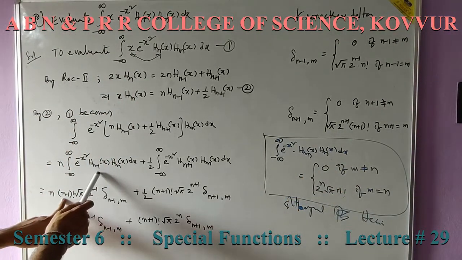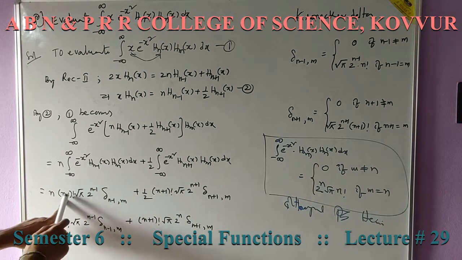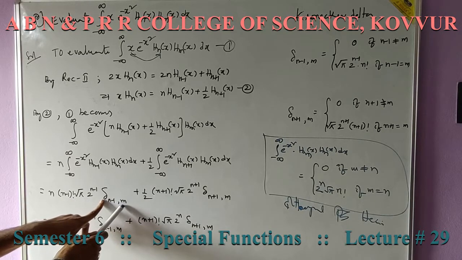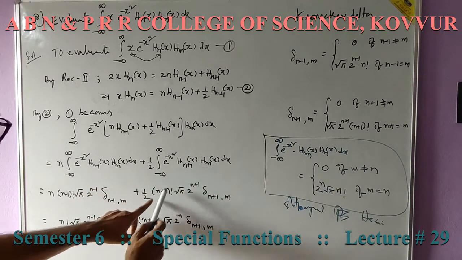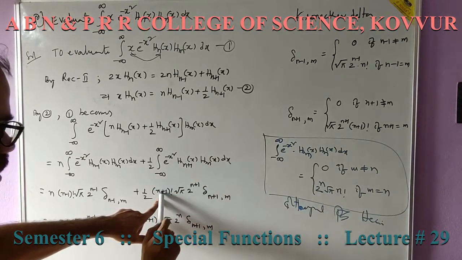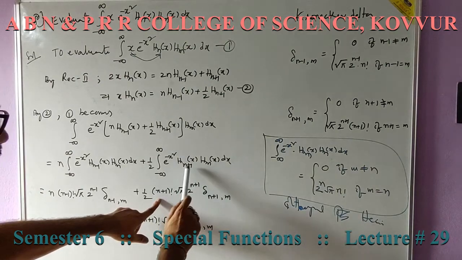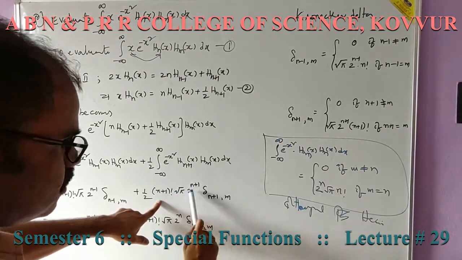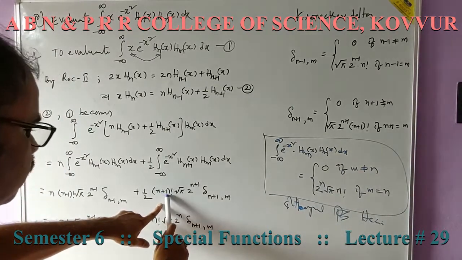In place of n, you have n minus 1, that is root pi 2^(n-1) (n-1) factorial, with delta n-1,m. And for the 1/2 term, in place of n you have n plus 1, so replace n with n plus 1: 2^(n+1) root pi (n+1) factorial.